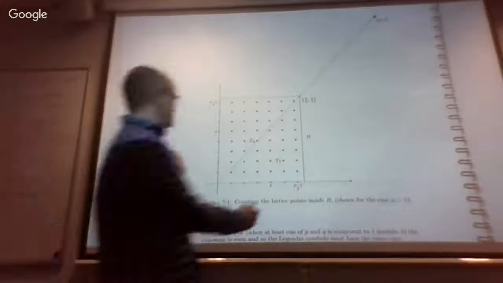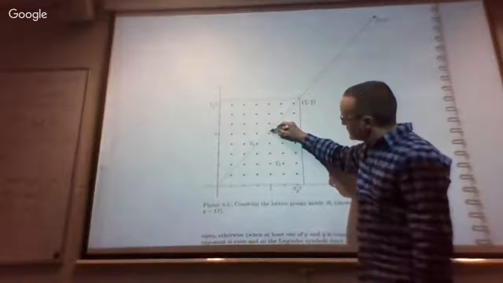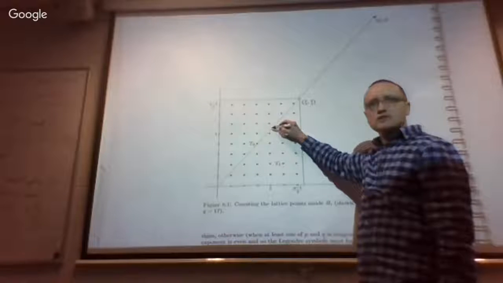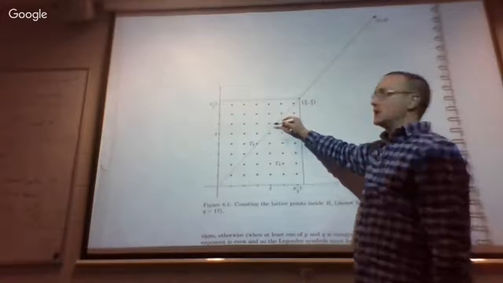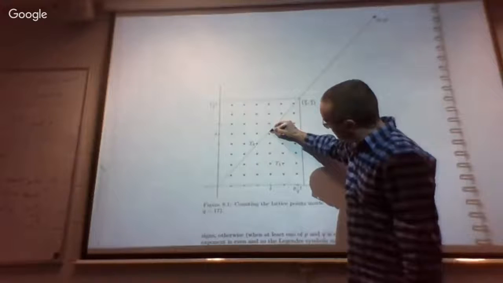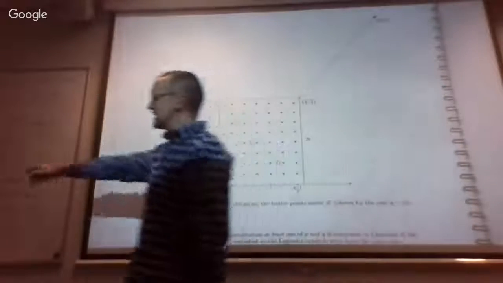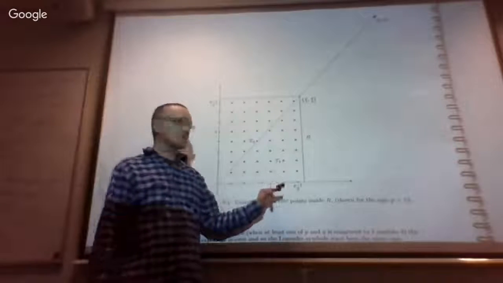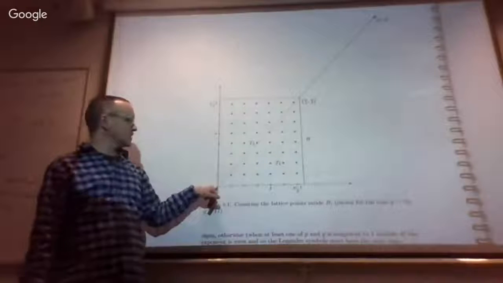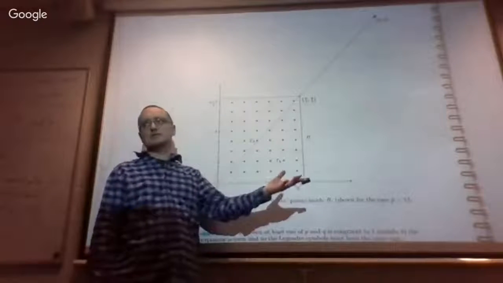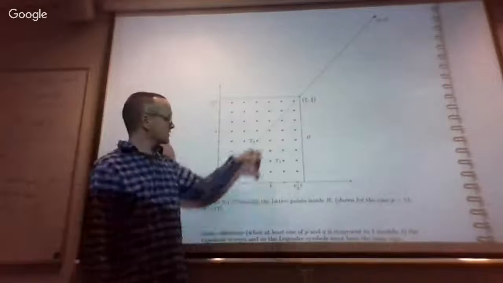Now, the point on the line above T is not a lattice point, because there is no point with integer coordinates on the line before the point P, Q. But its y coordinate is exactly TQ over P, because it's the gradient Q over P times the horizontal coordinate T. Remember, this is a line which goes through the origin, so the equation of the line is simply y equals the gradient times x, with no intercept.